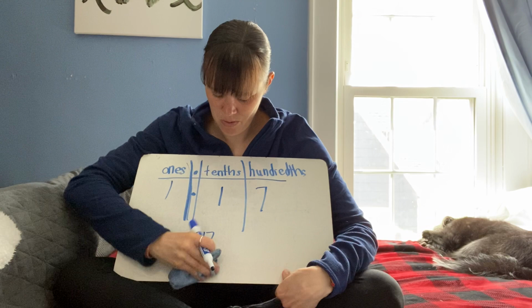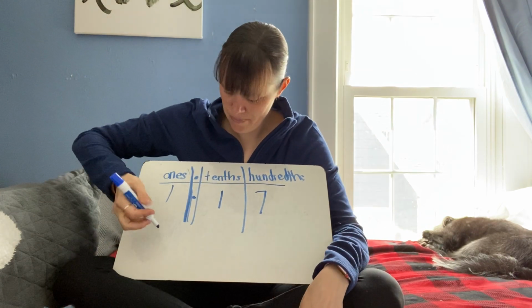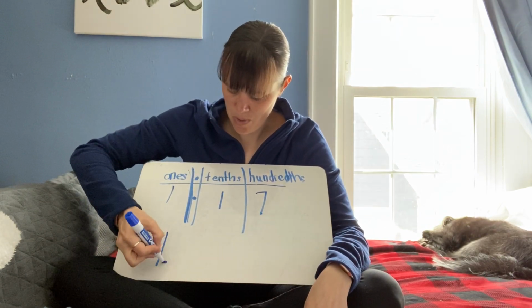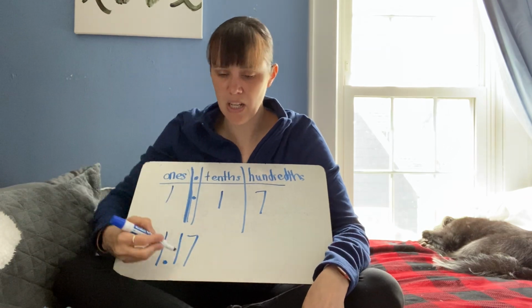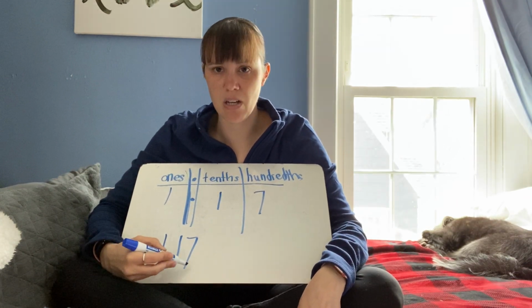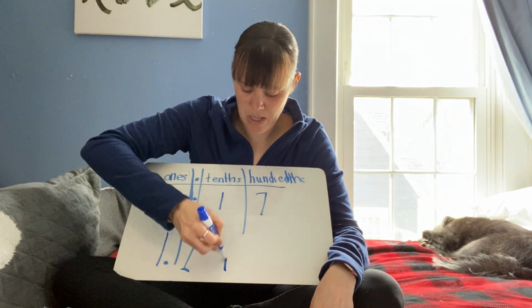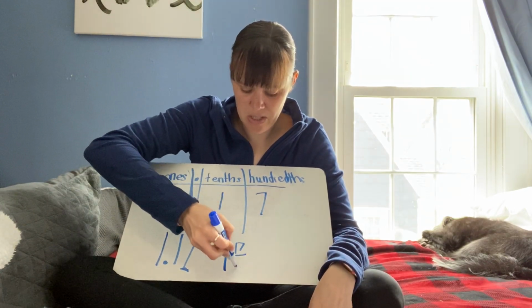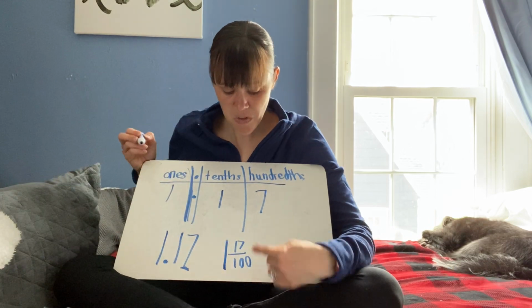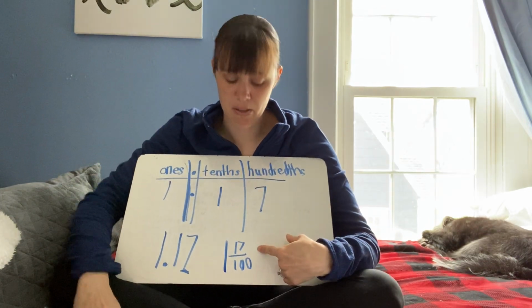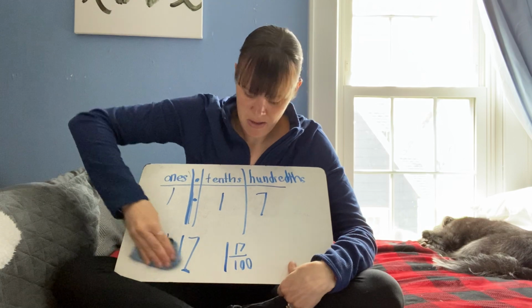Okay, so our number is 1.17. Now look at it and say, does that say 1 and 17 hundredths? Yes, it does. And then we put it in fraction form, 1 and 17 hundredths. You may have wanted to start it that way. Again, it's up to you.